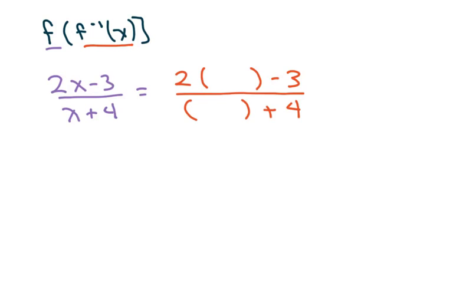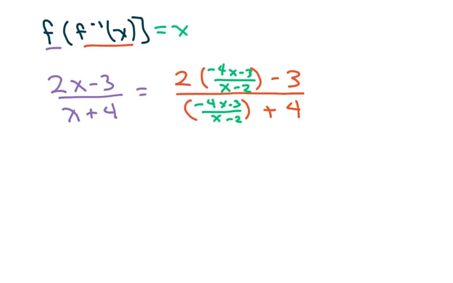So my inverse was, what was it? Negative 4x minus 3 over x minus 2. Now we have to simplify this, and this should equal x.